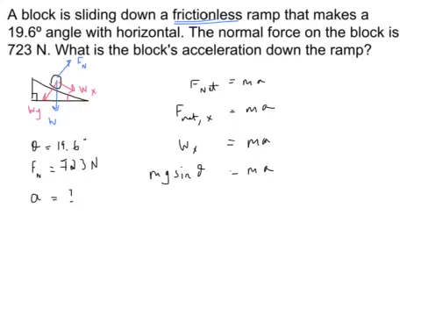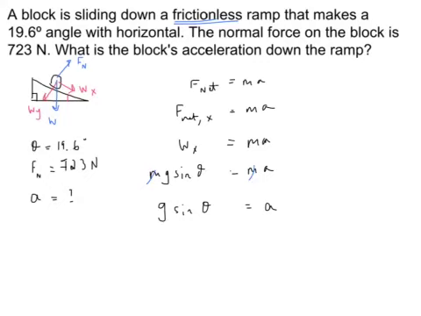And the first thing that we see is that the mass cancels out. So in fact, if you want to solve this problem, this is really, really easy. The acceleration, if there's no friction, the mass is inconsequential. The acceleration is just g sine theta.